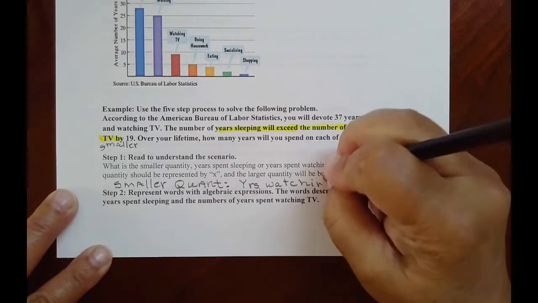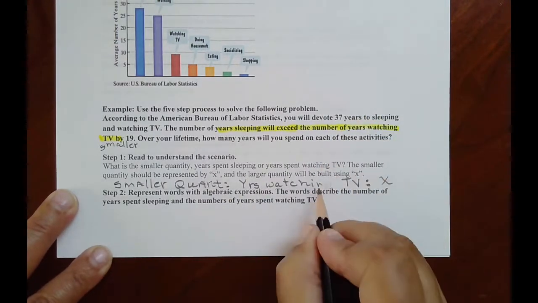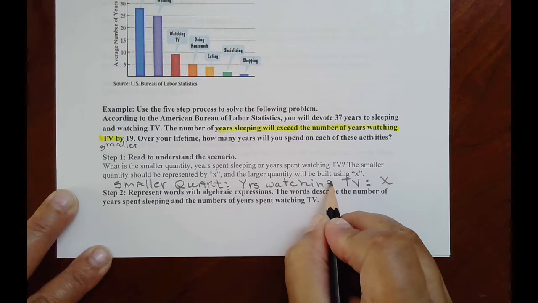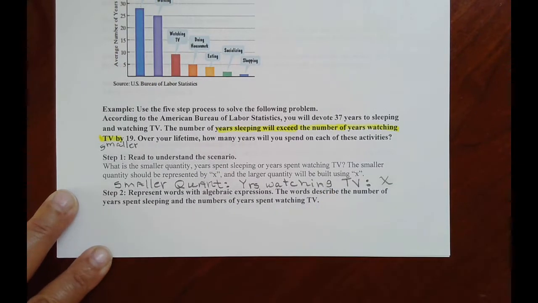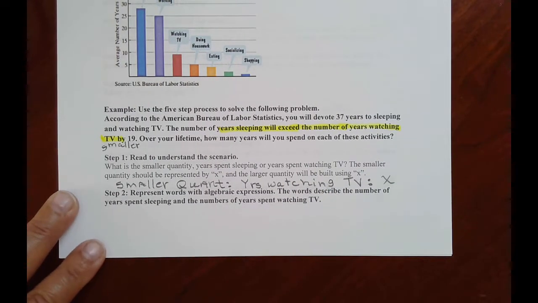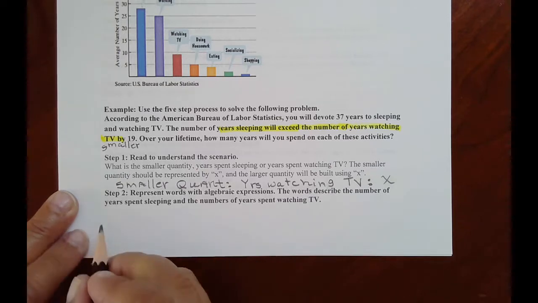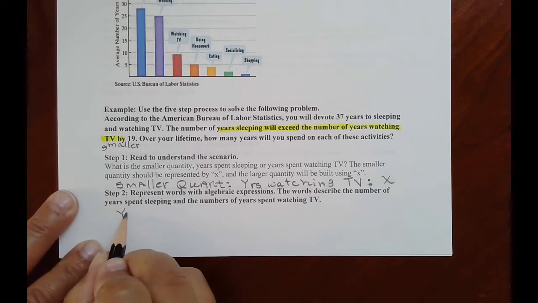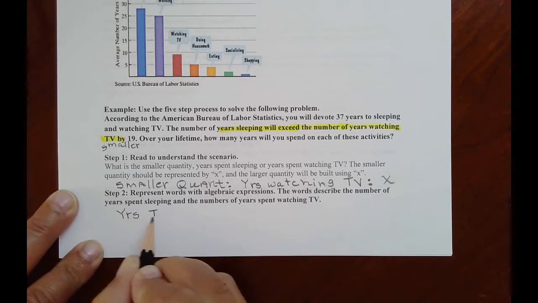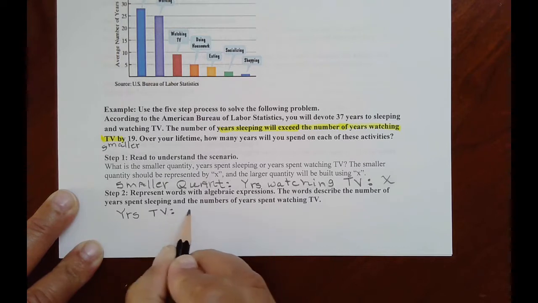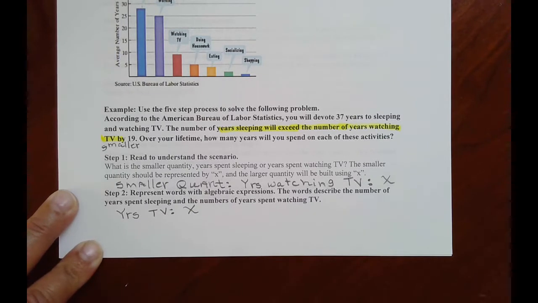Okay, so represent words with algebraic expressions. The words describe the number of years spent sleeping and the number of years watching TV. Okay, so years watching TV, just talked about it in step 1, is represented by x.